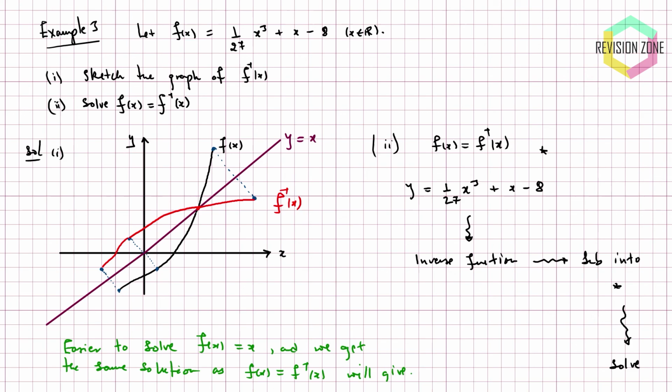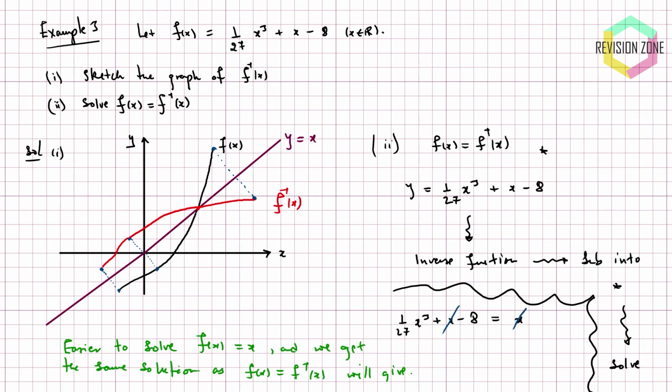Okay, so let's now do this. So maybe let me make a bit of room here. Okay, so I want to do 1 over 27 x cubed plus x minus 8. This is my f of x. I want to set it equal to x. And then obviously this is easy because we just cancel this thing and that thing, right?